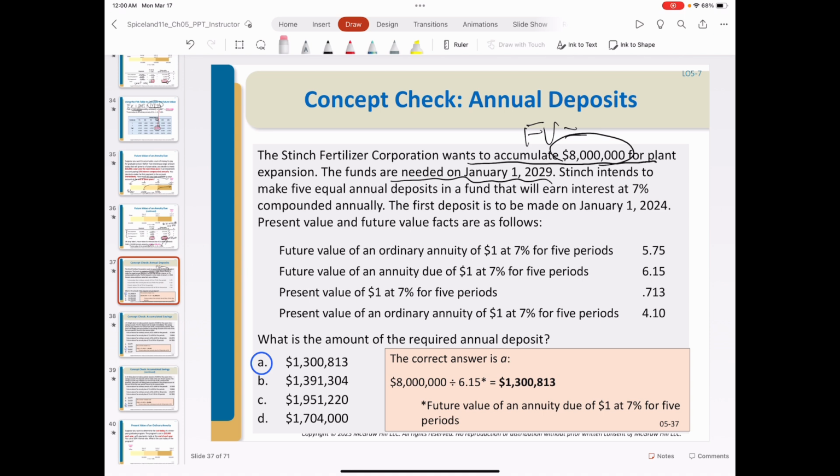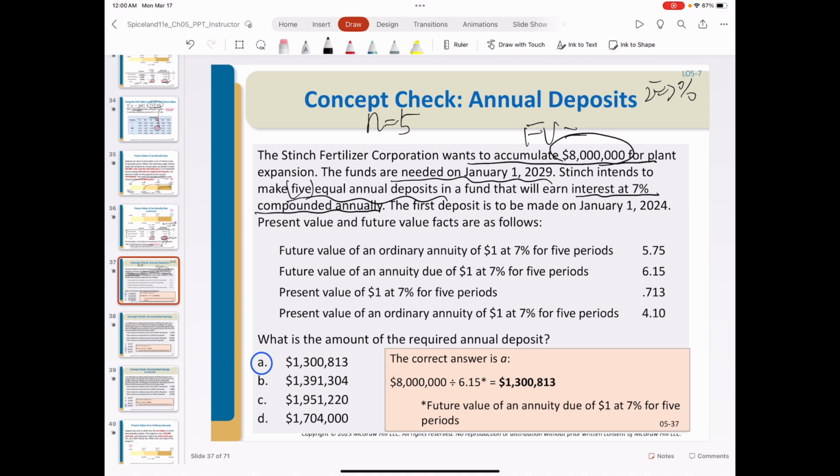And the company plans to make 5 equal deposits. So it also implies this is an annuity. But what type of annuity depends on the follow-up information. We're given interest rate compounded annually. So we have i 7%. Because compounded annually, 5 equal payments, the n also is 5.